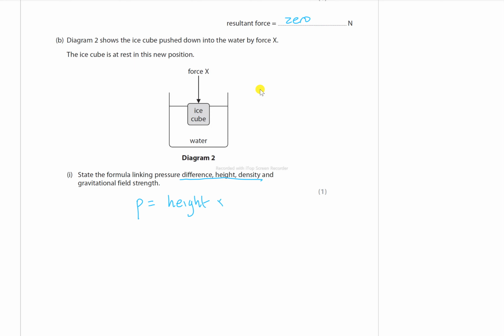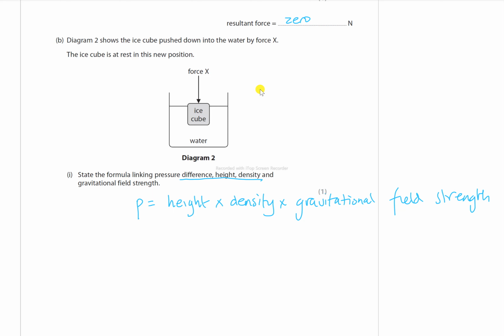Remember we said we're going to try to learn it in word form, so gravitational field strength is probably a better one to learn.